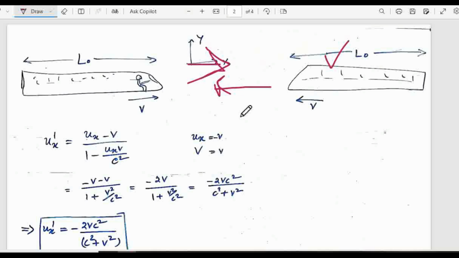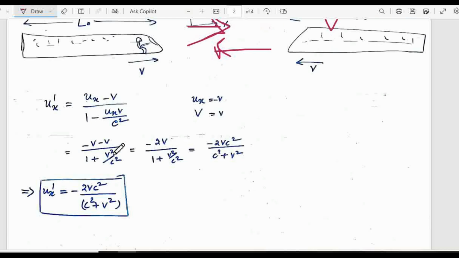It's nothing but sign convention, there is nothing to worry. So just put minus v and minus v, and 1 plus v square by c square. One minus is here and one minus is coming from here, so minus into minus is equal to positive. So this is the expression we are getting.